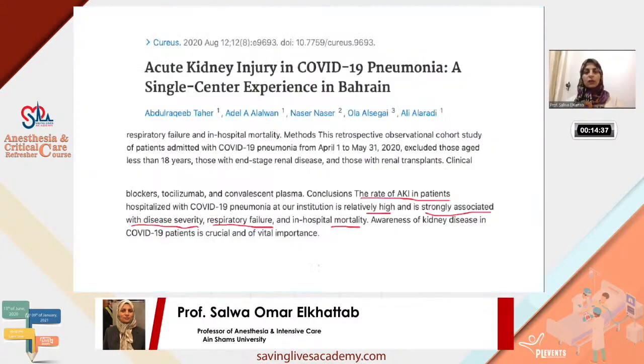This study from this year about COVID pneumonia comes from a single center experience in Bahrain. It shared the same findings. The rate of AKI in their patients was high, as they stated, and it was strongly associated with disease severity, especially respiratory failure, and being mechanically ventilated, especially also if hemodynamically unstable.